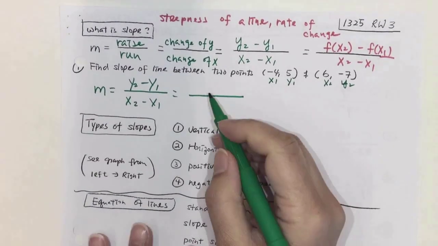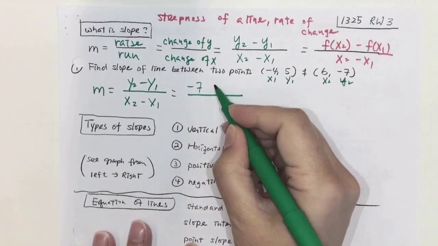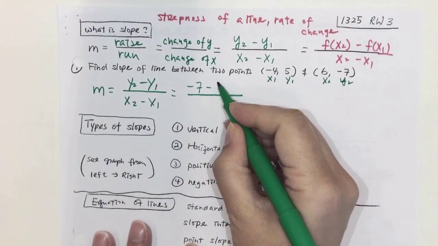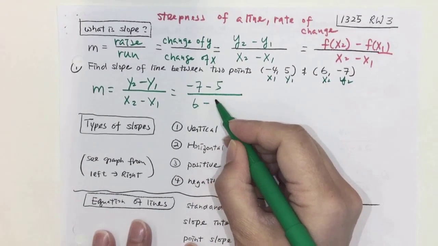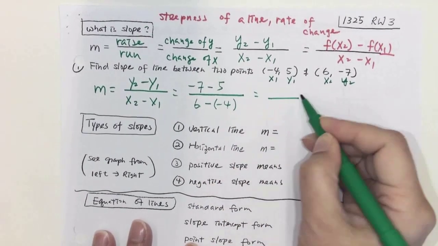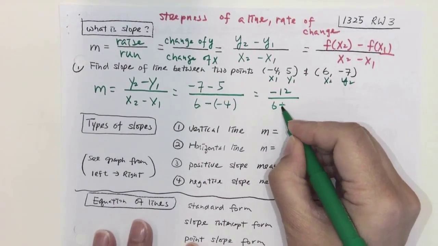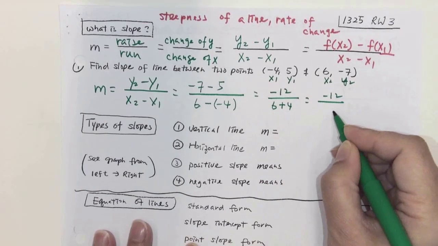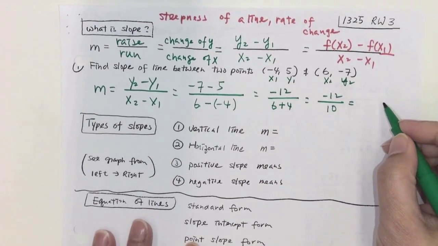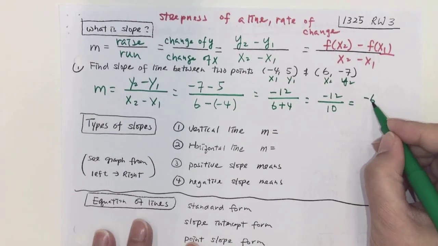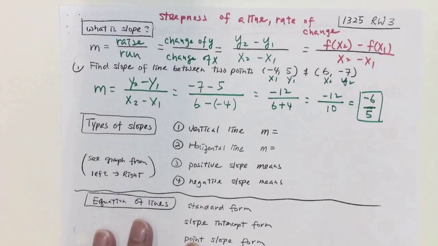So we should have what on top? -7 minus a 5 over 6. Yeah, because it's minus a -4, right? So on top we have -12 over 10. If you reduce it, we should get -6 over 5. So hopefully you know how to find slope.